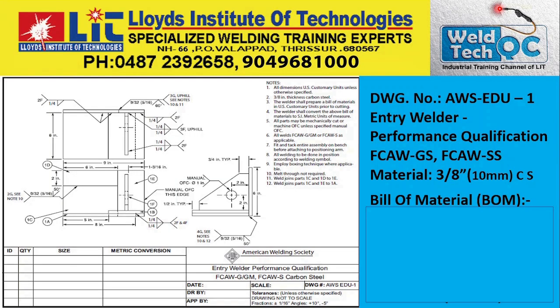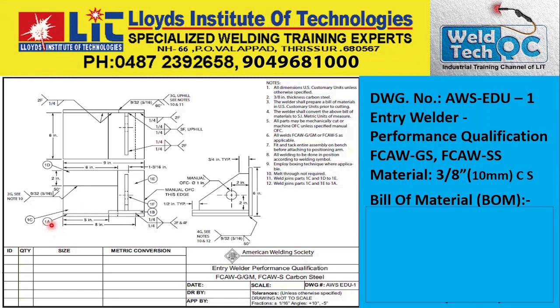Now let us try to find out the part marks given in all the three orthographic views. We have to correlate each view. Only then will you get the bill of material, I mean the sizes of each part. Let us see how many parts there are.